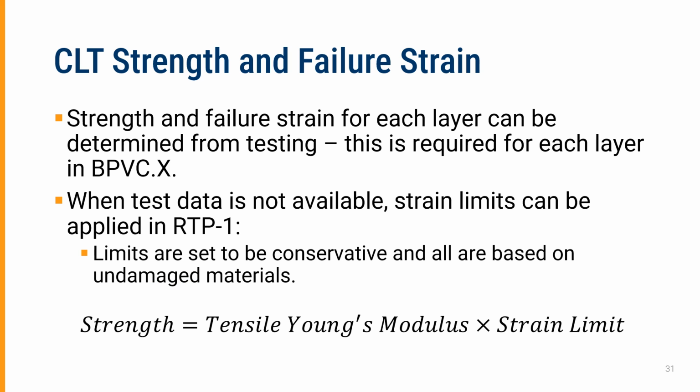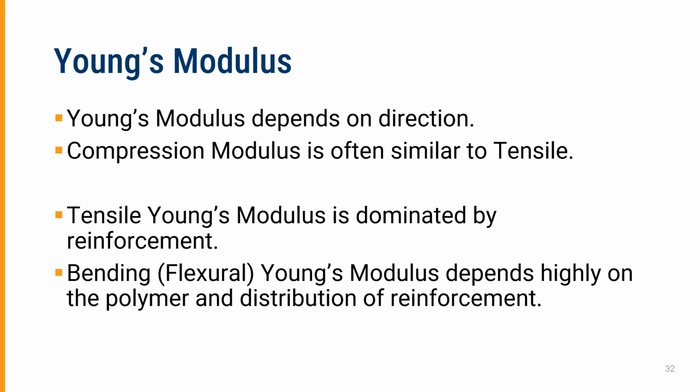Okay? The strength is equal to the tensile Young's modulus times the strain limit, which is essentially second year engineering mechanics of materials. The Young's modulus, as I've mentioned several times before, depends on direction. The compression modulus is often similar to the tensile modulus.